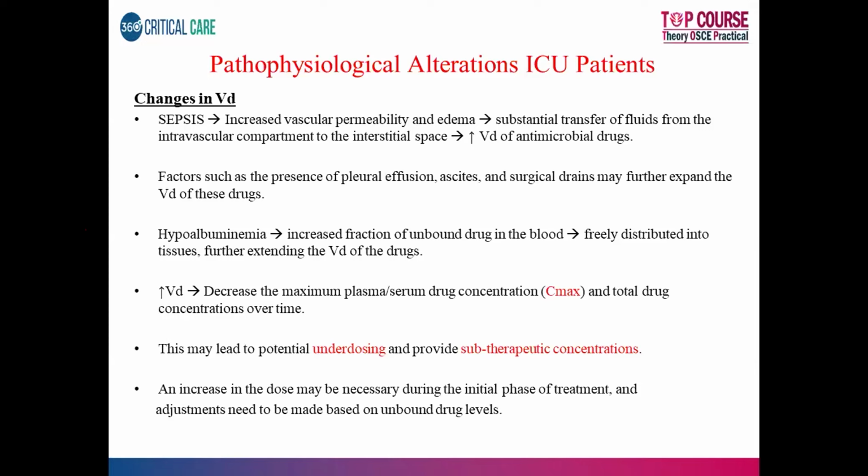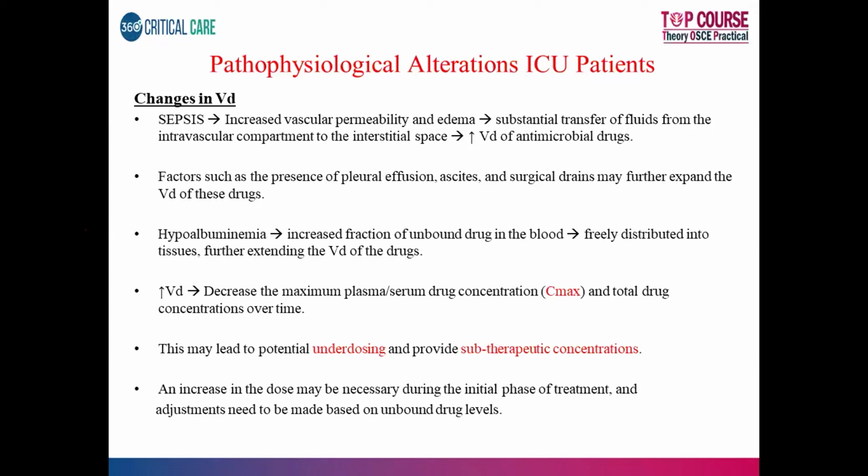What are the pathophysiological alterations that are seen in ICU patients, which actually cause inadequate drug dosage in the ICU? Okay. So, the first important pathophysiological change is changes in your volume of distribution. Volume of distribution is how much of the drug, when you give it, is going into the tissues. So how much is it distributed? What causes the changes in volume of distribution?